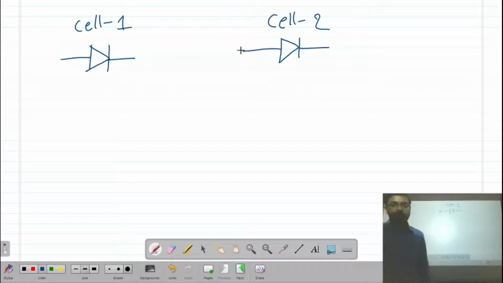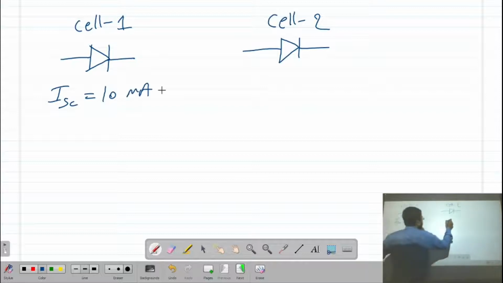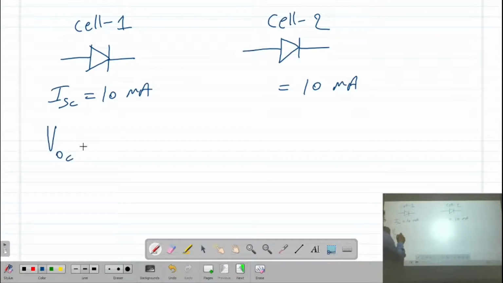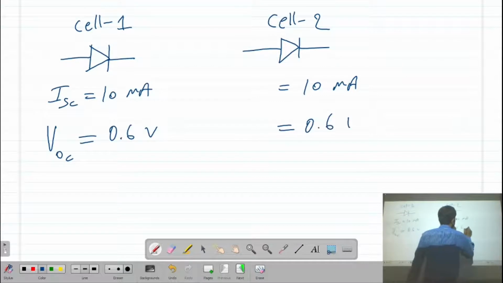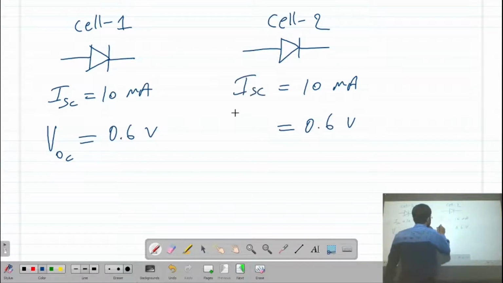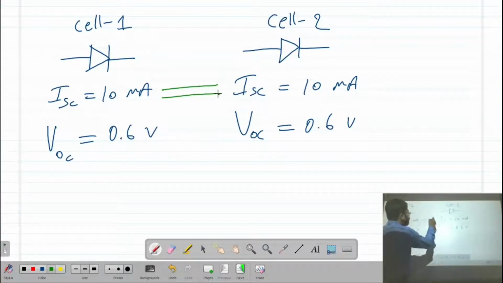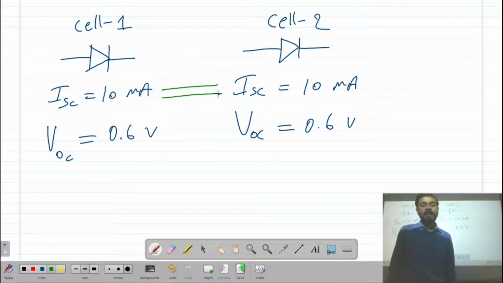Now, if both are identical cells, then the value of ISC has to be the same.